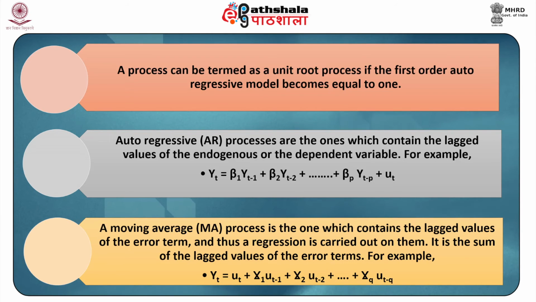In this model, if the value of beta is equal to 1, then we have learned that it will be a unit root process, because it will lead to non-stationarity of the series. However, if the absolute value of beta is less than 1, then we can call such a series a stationary series, which means yt in that case is a stationary series.